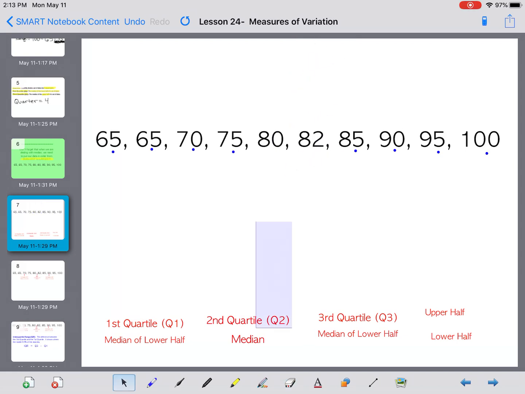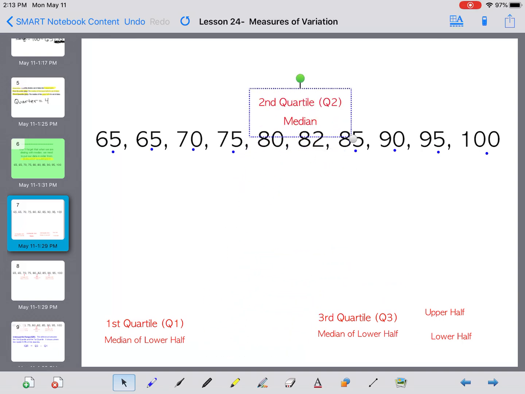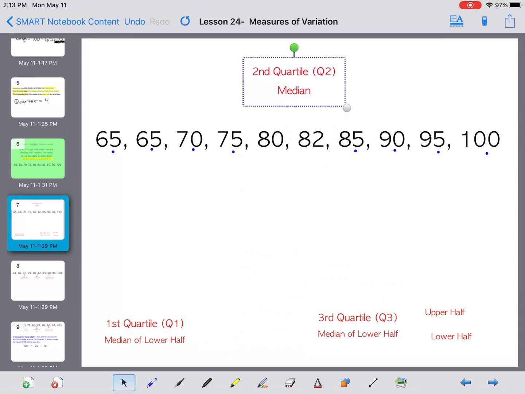What that means is that our median is hanging out right there. Our median is actually going to be, I'm going to draw a little arrow, 81. So that's our second quartile. And what that does, friends, is that cuts our data in half. I'm going to do that right away actually.